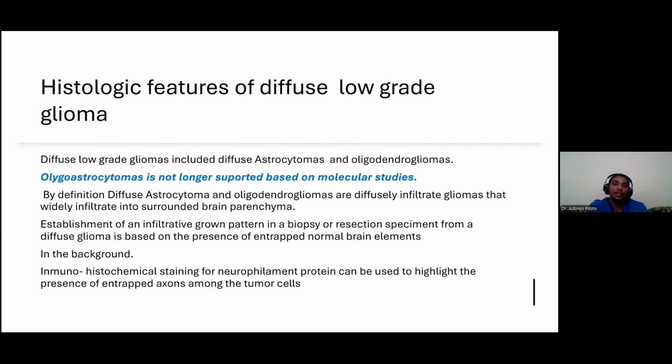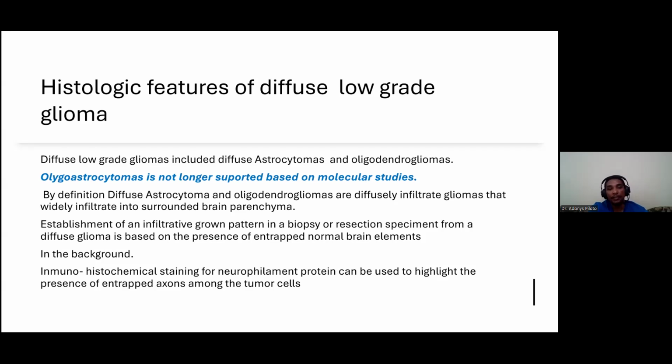Histological features of diffuse low-grade glioma. Diffuse low-grade glioma includes diffuse astrocytoma and oligodendroglioma. Oligoastrocytoma is no longer supported based on molecular studies. By definition, diffuse astrocytoma and oligodendroglioma are diffusely infiltrating gliomas that widely infiltrate into surrounding brain parenchyma.